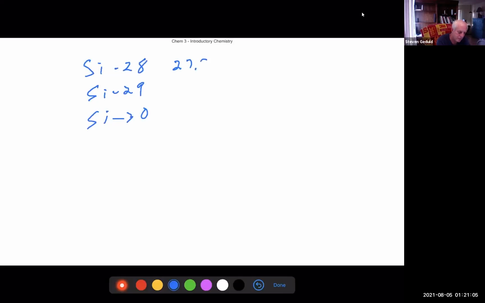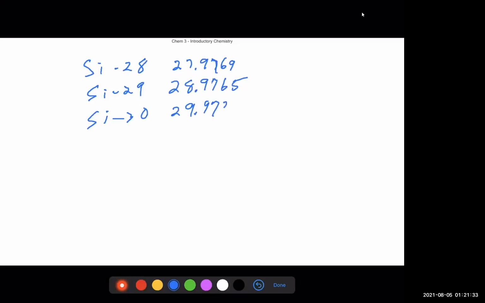The mass of silicon 28 is 27.9769. The mass of silicon 29 is 28.9765. And silicon 30 is 29.9738.